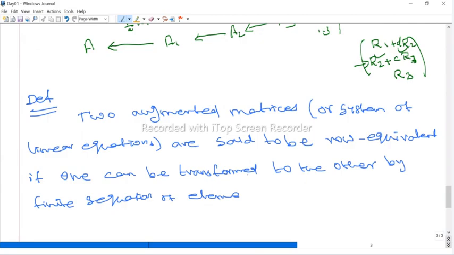You can apply the first kind any number of times. Suppose you multiply the first row by some number, you can multiply the second row by some other number, and the third row by some other number. So you can apply the first kind, second kind, third kind of the elementary row operation any number of times. That is a finite sequence of elementary row operations.